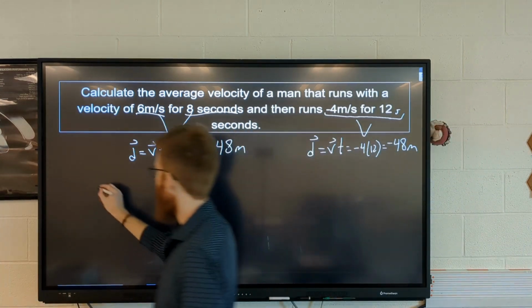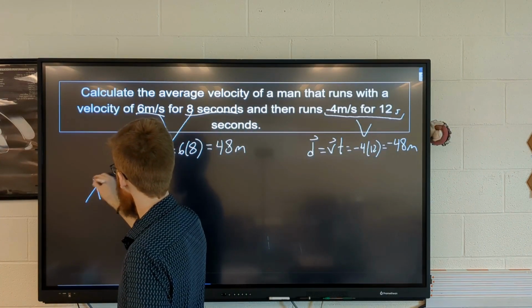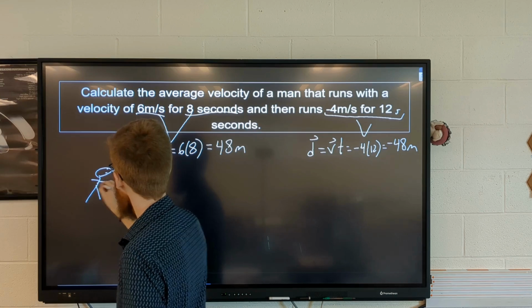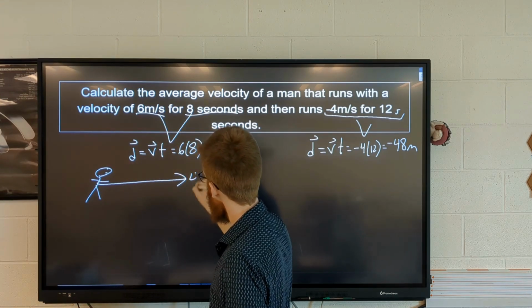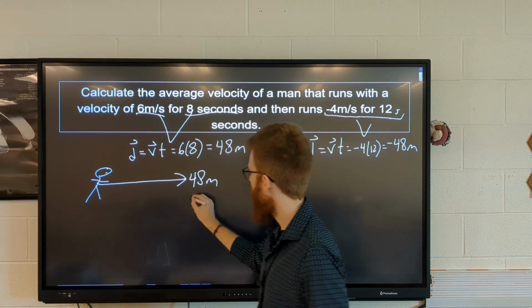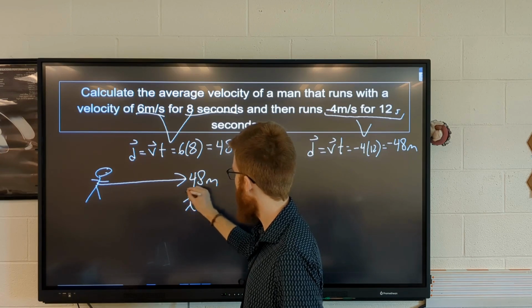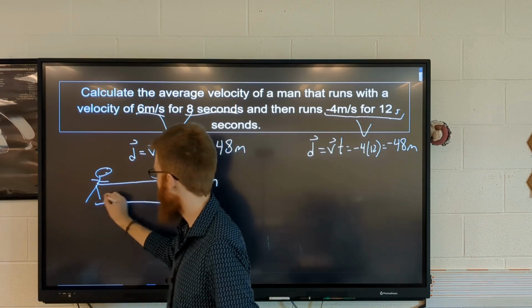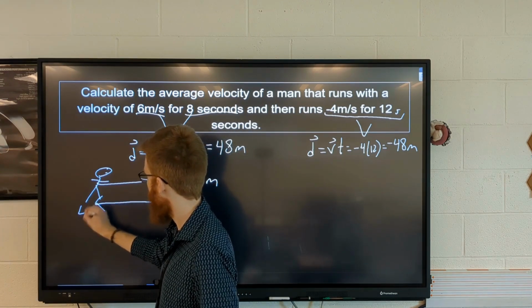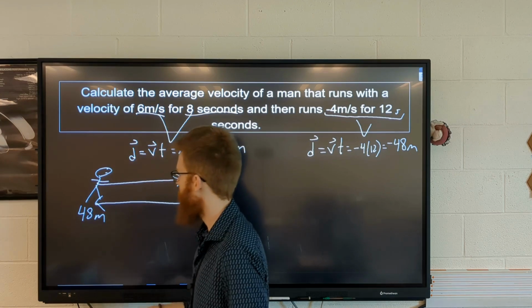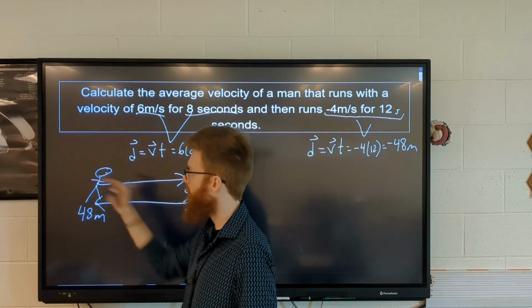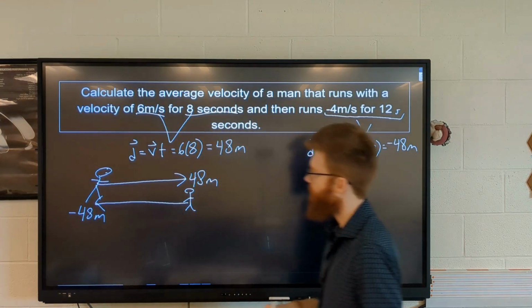So our person here, he ran forward 48 meters, then he turned around and ran the opposite direction, 48 meters. Or in this case, since it's the negative direction, we'll say negative.